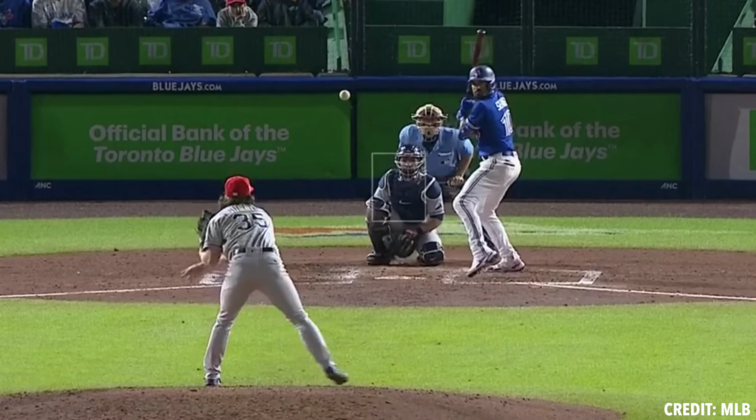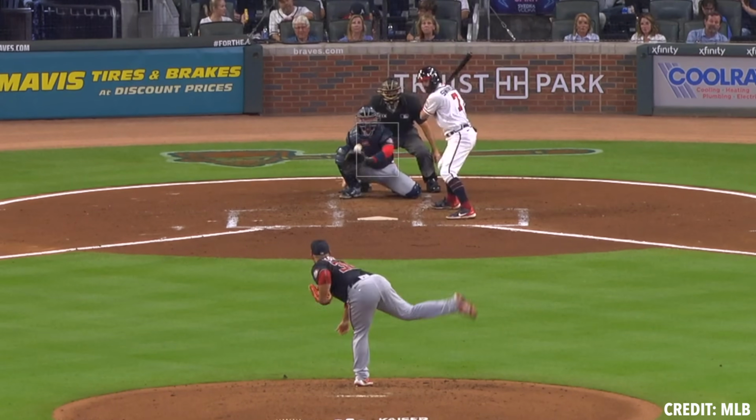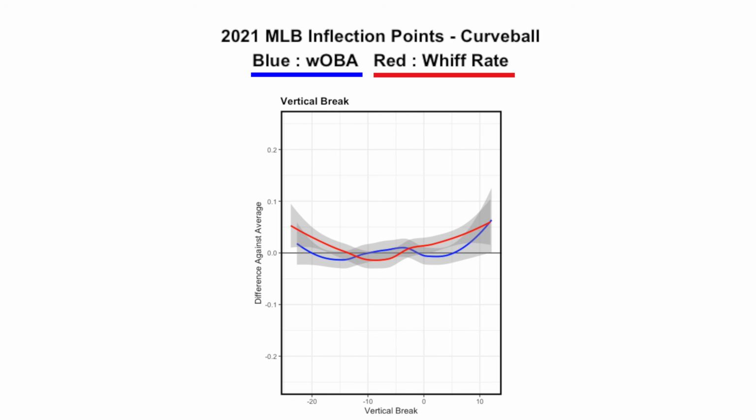So a lot of guys throwing that big looper in there, trying to generate as much depth as they possibly can. And you can see here at the big league level, once you're getting past -12 depth, I mean, there's no return. In fact, it's the opposite, where you can see whiff rate is high and WOBA is kind of high as well. So it's not jumping off the grid to me to determine success, it's kind of just plateauing.